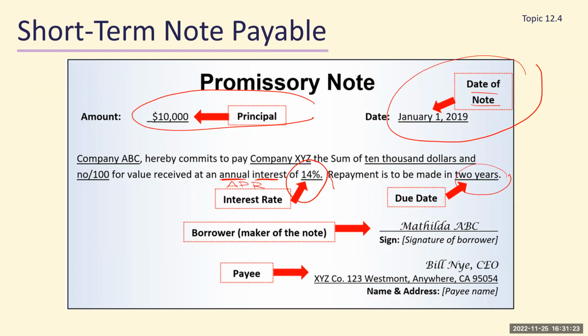The due date; here it's 2 years, so that would be a long-term liability. The borrower, the one in debt to the other, and the creditor who will be receiving the payment of the principal plus interest in 2 years. Again, the note might look a little different, but it should contain this key information.